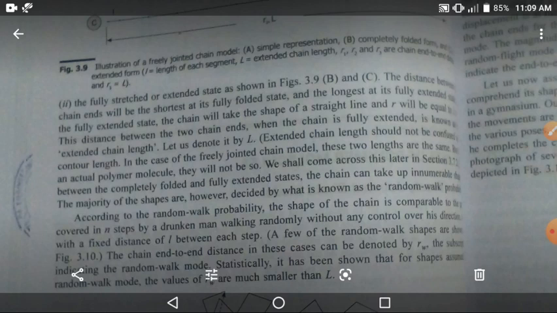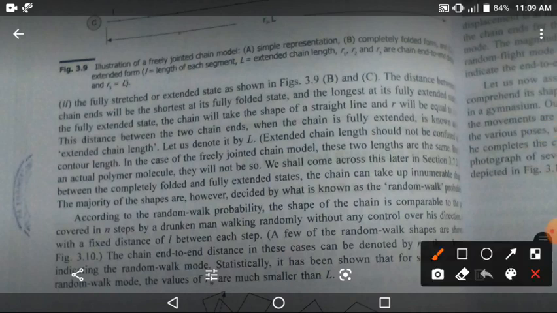In the fully extended state, the chain takes the shape of a straight line, and small r equals the distance between the two chain ends. A fully extended chain is known as the extended chain length. This definition is important.